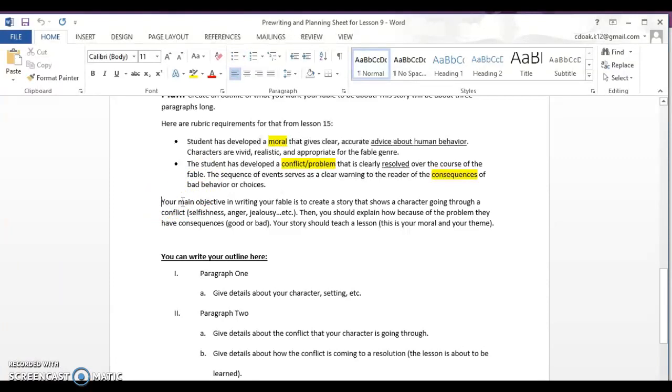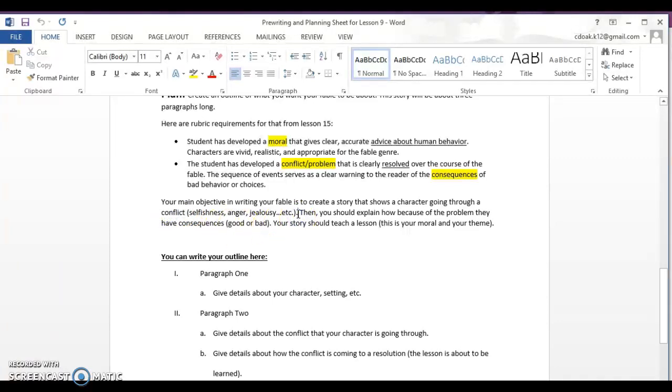So, my synopsis again. Your main objective in writing your fable is to create a story that shows a character going through a conflict, whether they're struggling with their own selfishness, anger, jealousy, whatever, okay? They have a conflict.